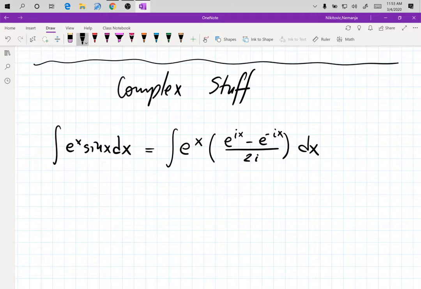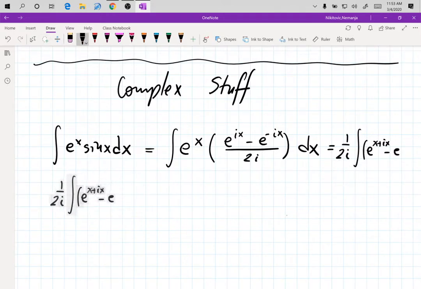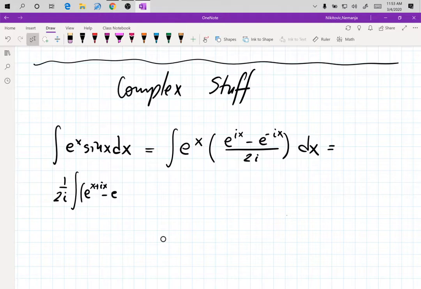As you can see, you kick 1 over 2i outside, because that's a constant, and you multiply e to the x into each one of these, so you will just have e to the x plus ix minus e to the x minus ix dx, because I'm writing out every step.